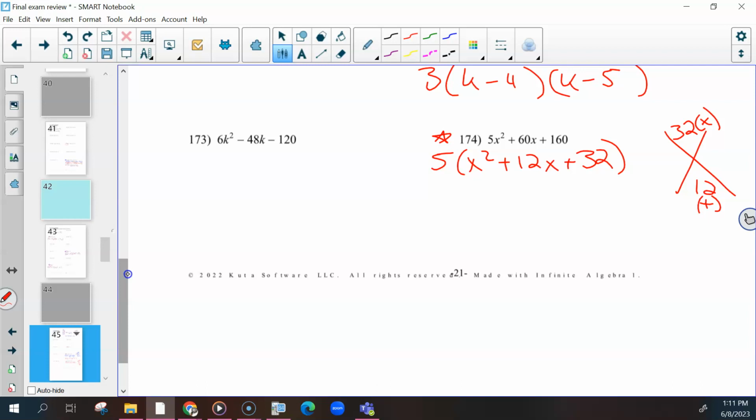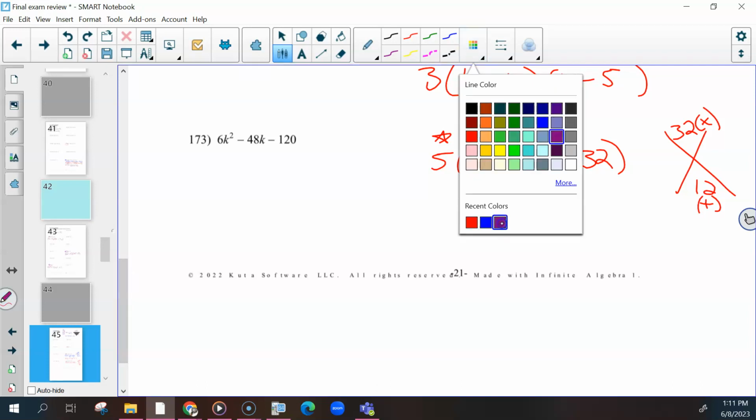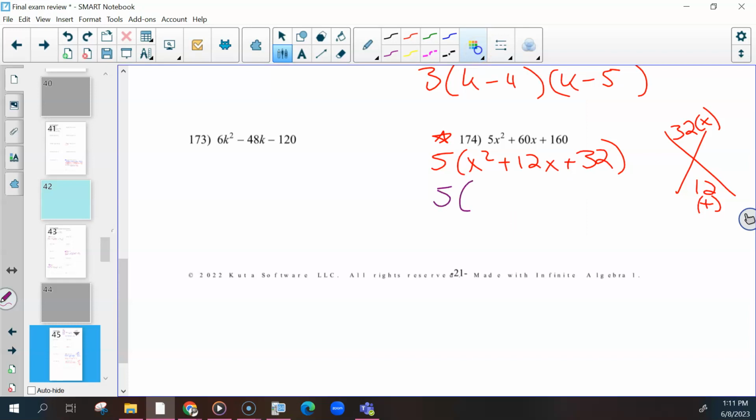So two numbers from here. You're close. 4, not 9, but 8. So x plus 4, x plus 8. On to the next page.